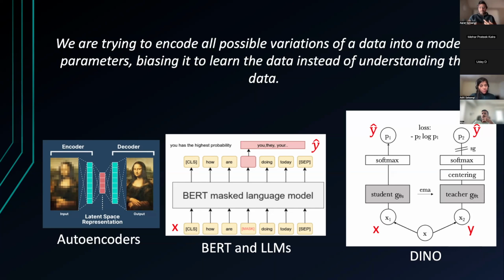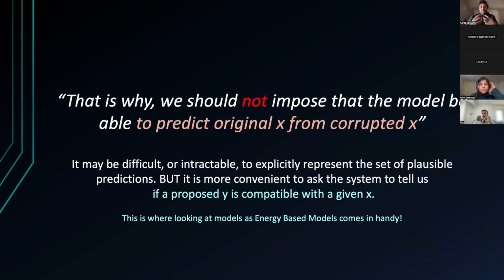That is why we should not impose that the model be able to predict the original x from the corrupted x, right? It may be difficult or intractable to explicitly represent the set of plausible predictions, but it is more convenient to ask the system to tell us if a proposed y is compatible with a given x.